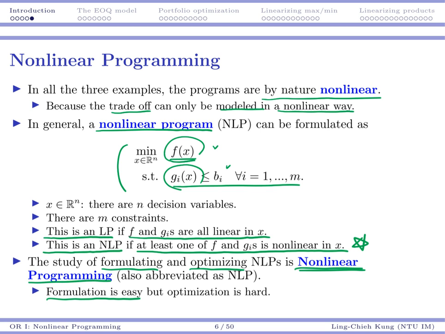You probably still recall that in the previous lecture on integer programming formulation, there were many weird ways to deal with the constraints: big M, binary variables, and so on. For nonlinear programs, formulating is typically easy because now you don't have any restriction. But then optimization would be hard.